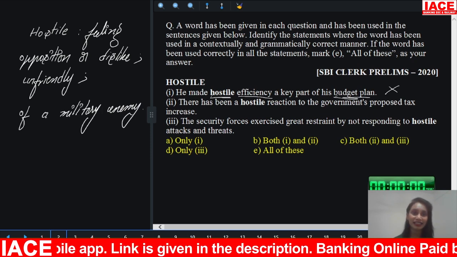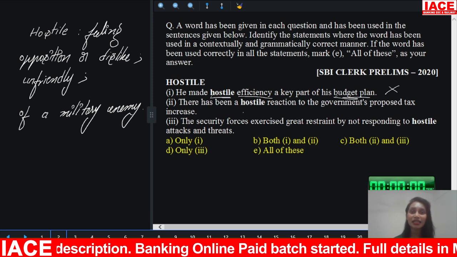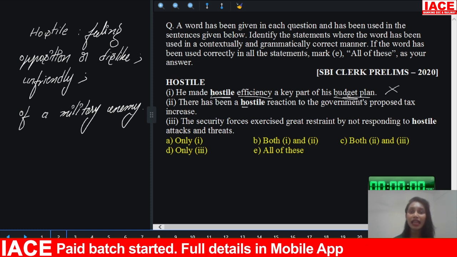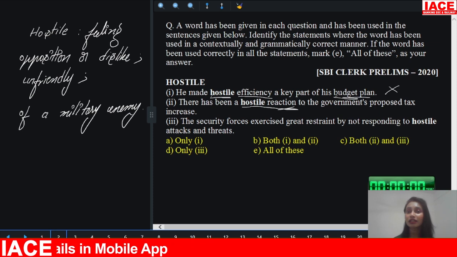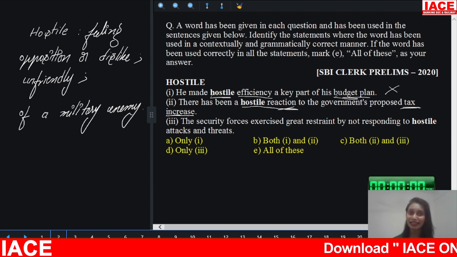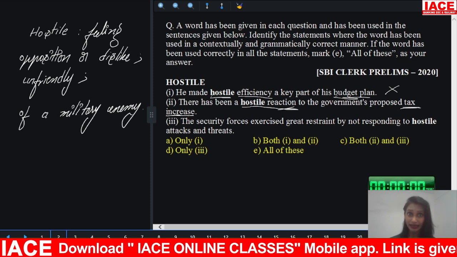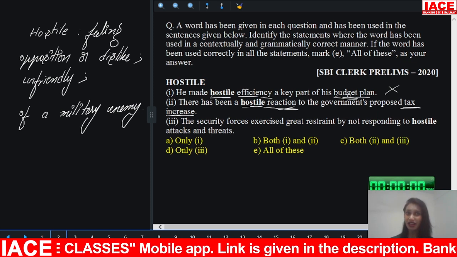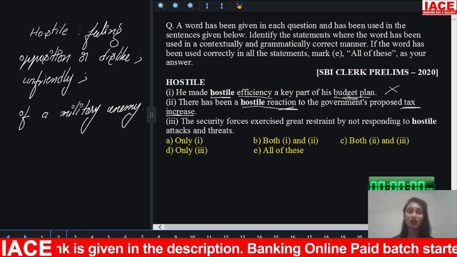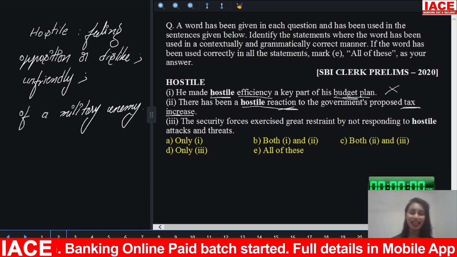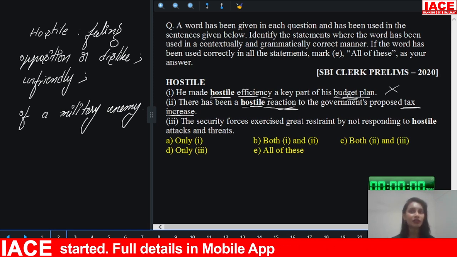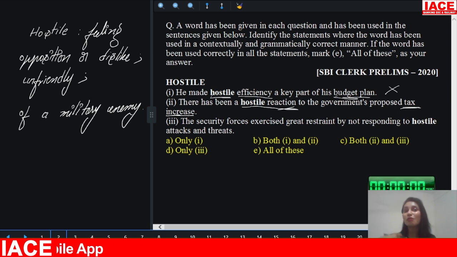Now look at the second sentence. There has been a hostile reaction to the government's proposed tax increase. Here what is that? Tax increase. When tax is being increased, do you feel happy as a citizen? No, right? You feel, our income is not increased but tax is being increased, and even if income increased, you're not happy to pay more tax.